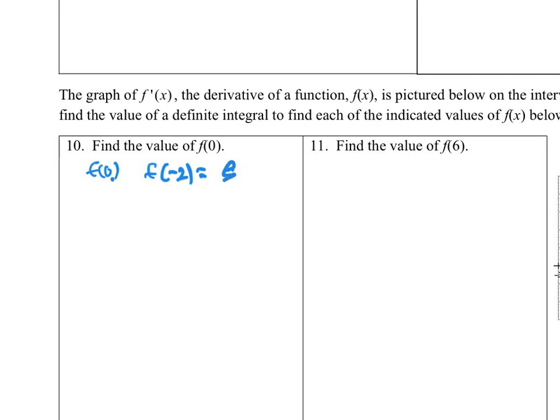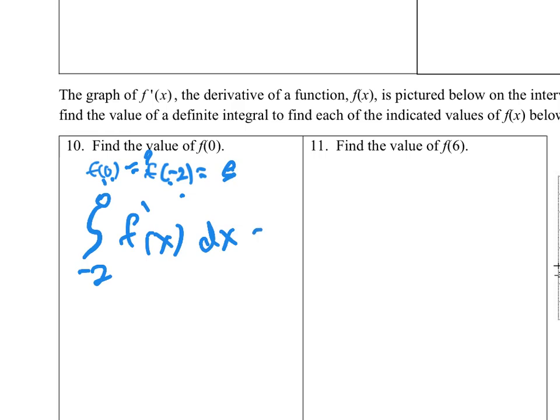Since they gave me these two functional values, or at least I want this one, I'm going to think of my integral being probably the smallest, from -2 to 0, of f prime of x dx.